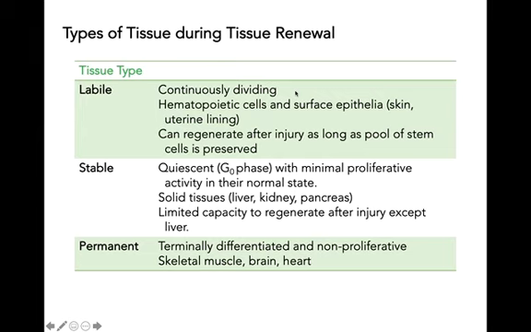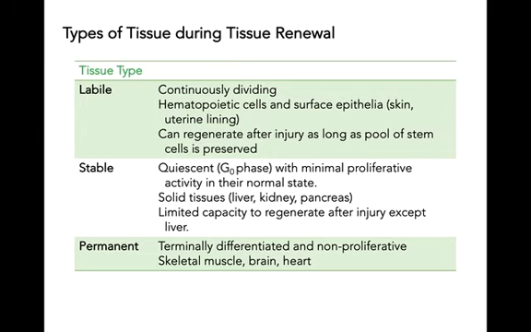So, ito yung normally mabilis yung turnover ng cells, such as your hematopoietic cells, yung mga blood cells natin, and the surface epithelia, the skin and uterine lining. Remember, every day, pag nagkamot ka ng ulo, may mga balakubak ka. So, yun yung turnover ng cells. Mabilis mag-divide yung skin natin, yung epithelia natin. Kaya nasa slough off agad yung mga cells natin.